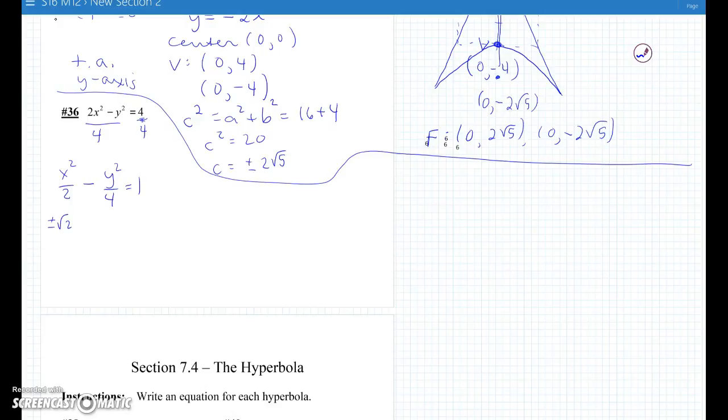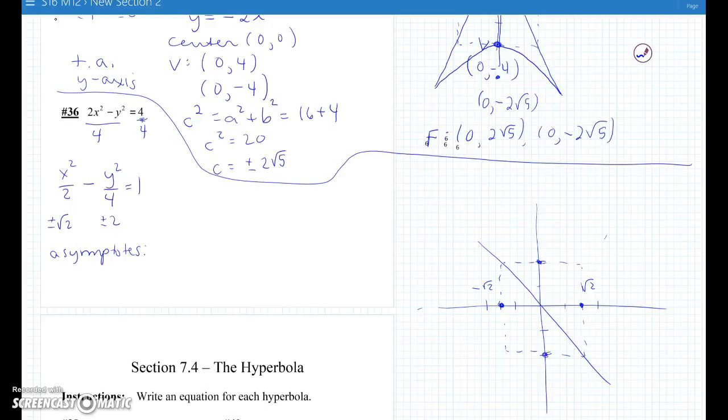So in the x direction, I'm going to go plus or minus root 2, which is about 1.4. And in the y direction, plus or minus 2. That may help to label these points if it's hard to tell on your graph. So now I'm going to find my asymptotes, because I can already see those by making my rectangular box.